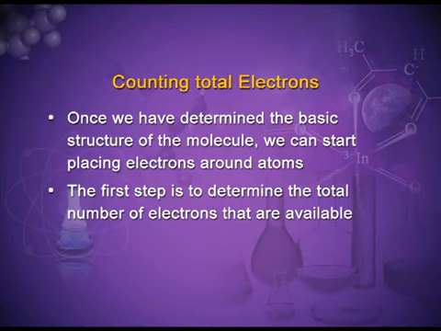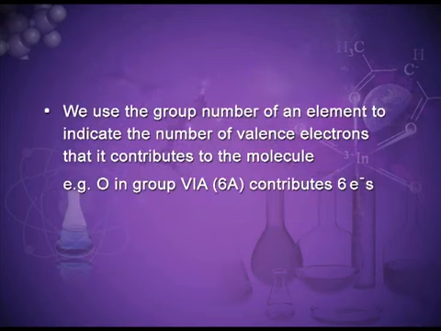Counting the total electrons. Once we have determined the basic structure of the molecule, we can start placing electrons around atoms. The first step is to determine the total number of electrons that are available. We use the group number of the element to indicate the number of valence electrons that it contributes to the molecule.